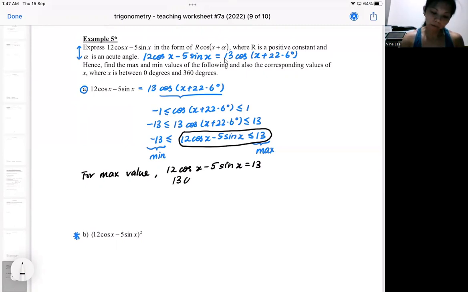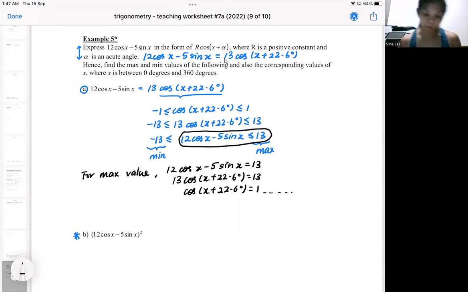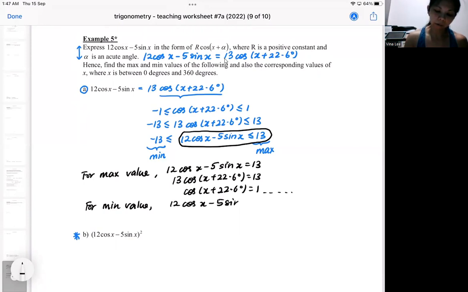Use your converted form, and you divide by 13. Then you do your 4 steps. Same thing as example 4. Now I'm just doing a recap. For the minimum value, you just set the function to the minimum value, and you repeat.